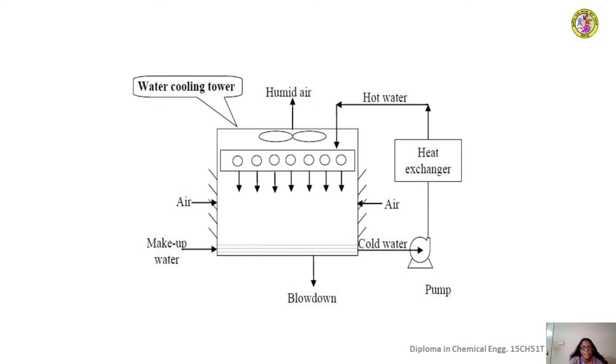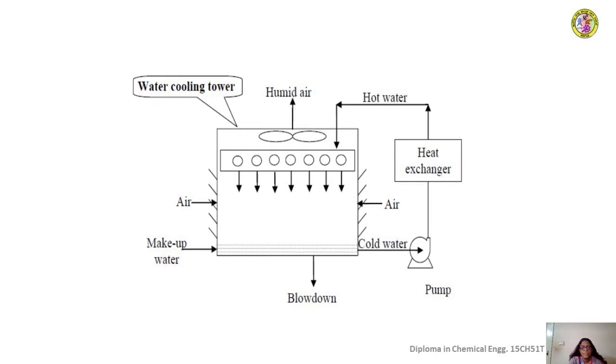The air may enter from the sides of the tower, or it may enter from the bottom and flow in the upward direction. In both kinds of airflow, the air comes into contact with water in the required manner, whereby the air humidity increases and simultaneously the water gets cooled to a lower temperature.